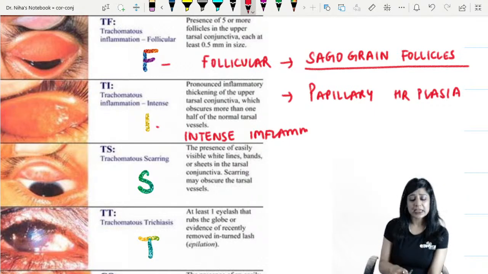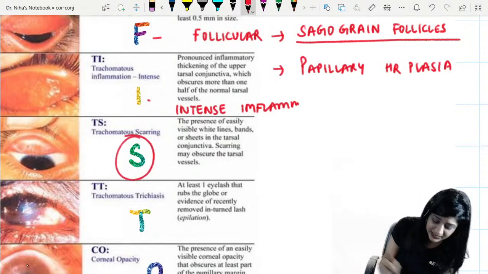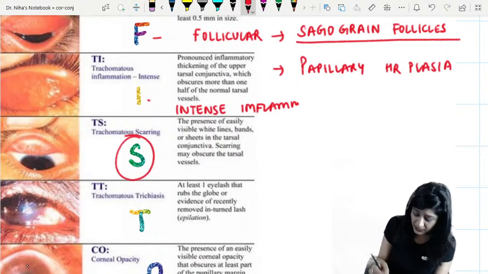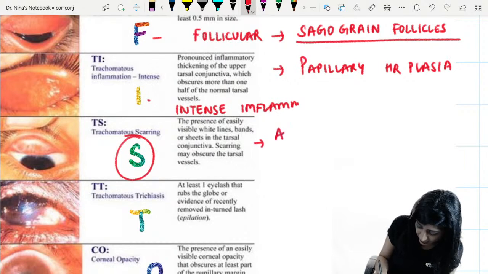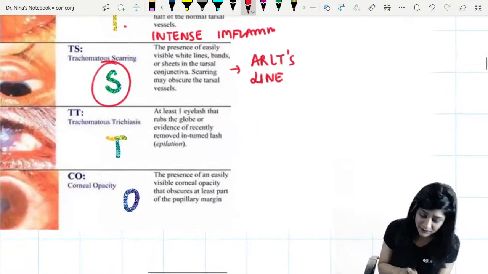So you have already seen that we are having the sago grain follicles also, we are having the papillary hyperplasia also, and then S is pretty simple. S is for scarring, in that we were having the Arlt's line. So Arlt's line was the scarring in the sulcus subtarsalis, and then we will have T.